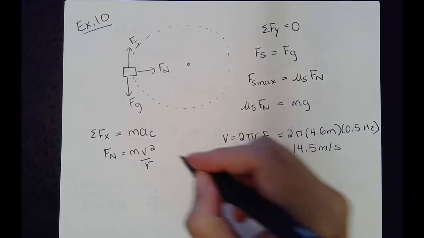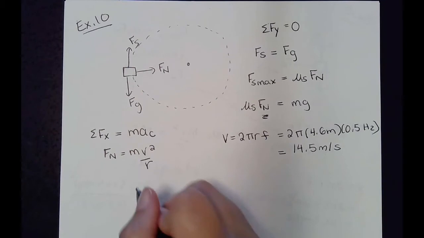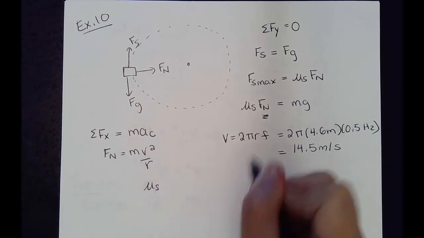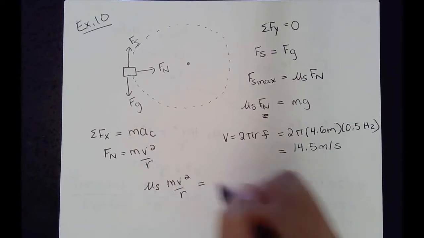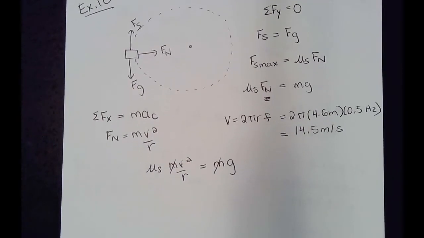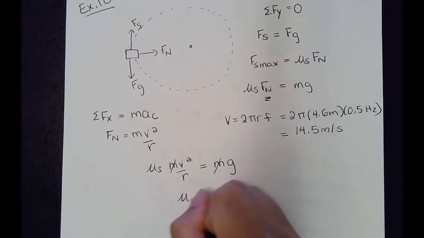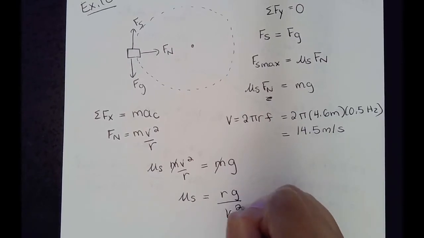So now let's plug in this expression for the normal force into our y equation. So mu s, instead of Fn, I'm writing mv squared over r equals mg. Now the mass cancels, and I end up with mu s equals rg over v squared.